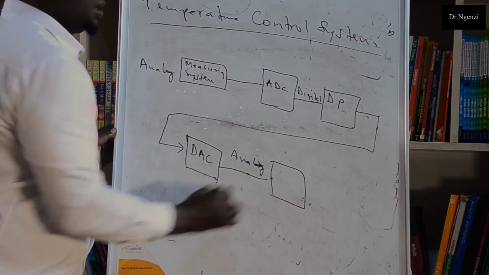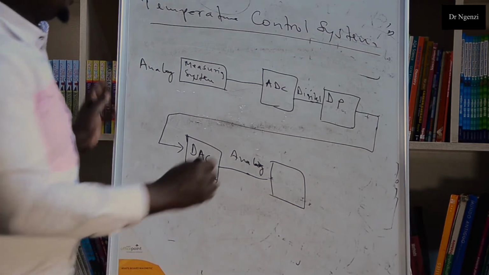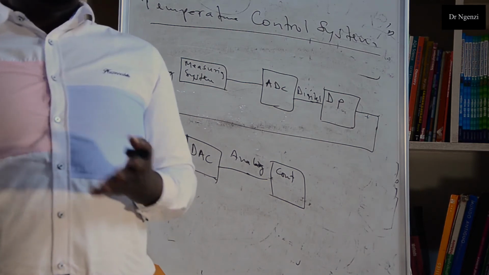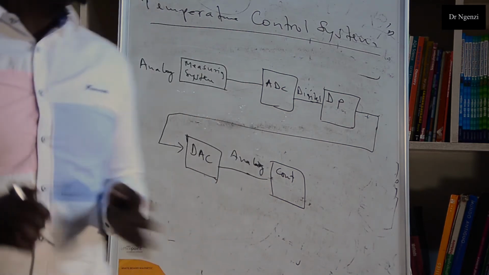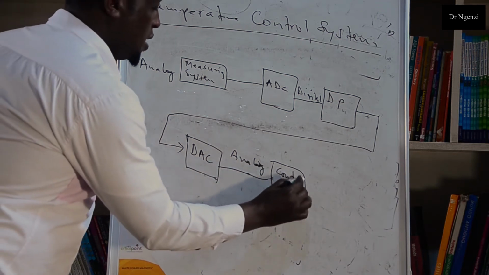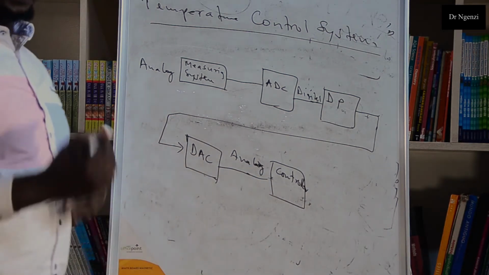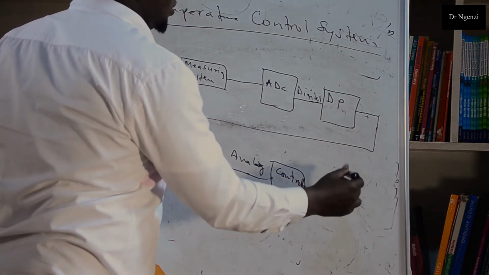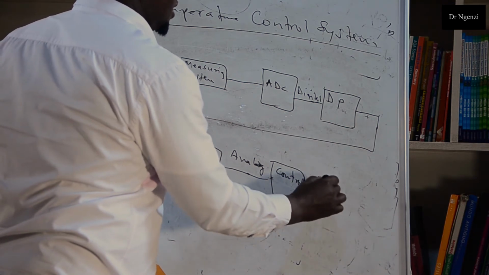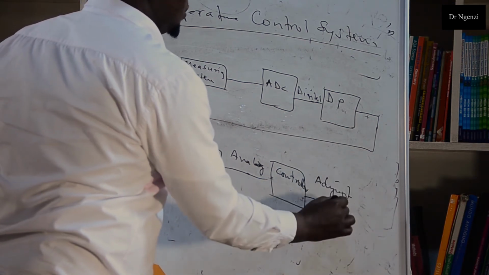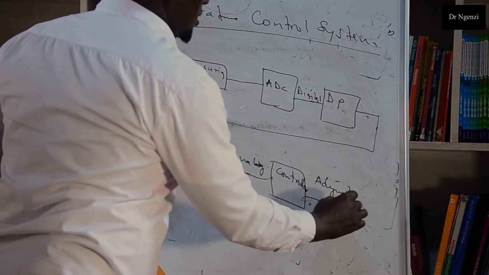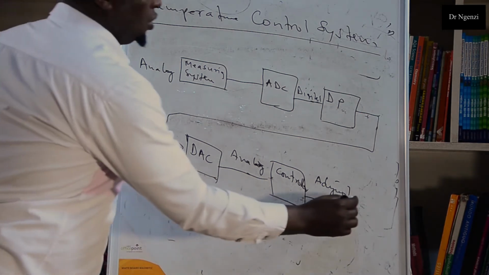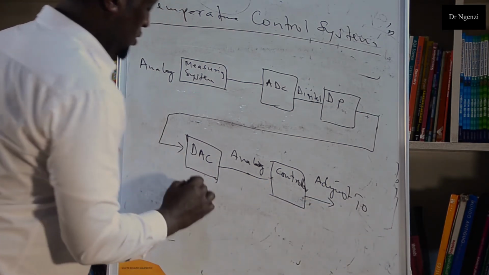In this case, it's going to pass through a controller. Remember, it is a controlling system. We said it is a temperature control system. We will require some controller, and then it will adjust it to a given signal, then it can again go through a circling system, then it goes to the digital system.